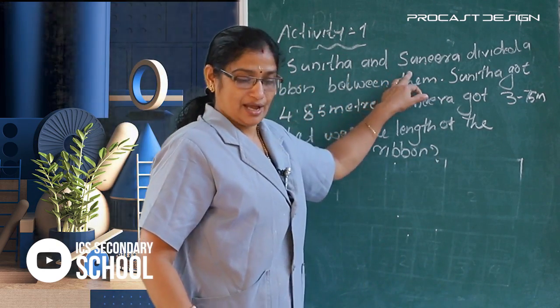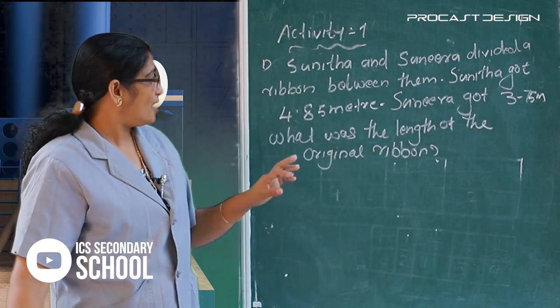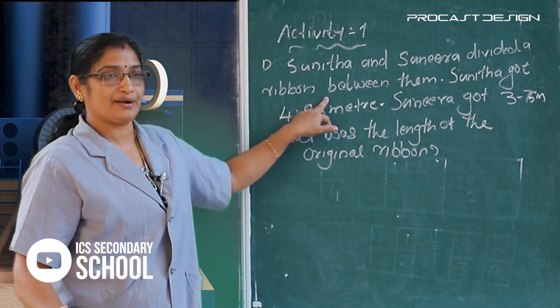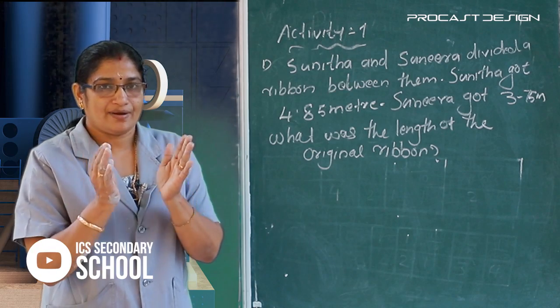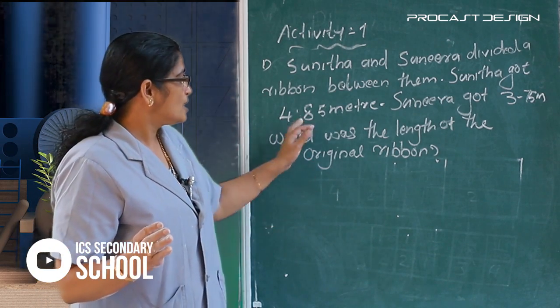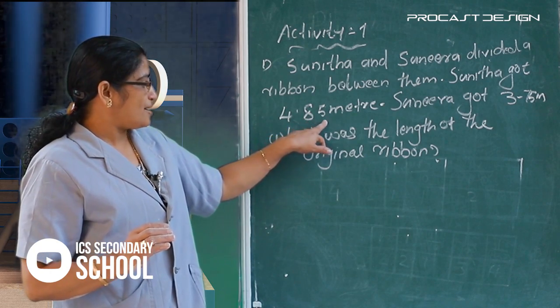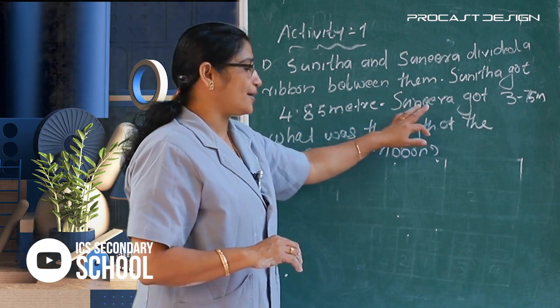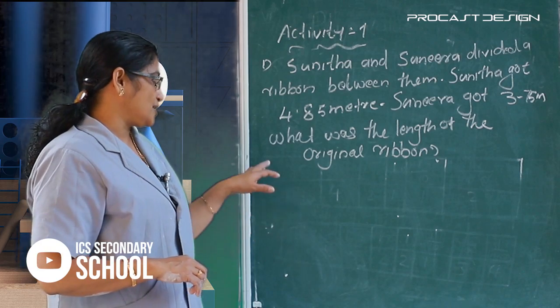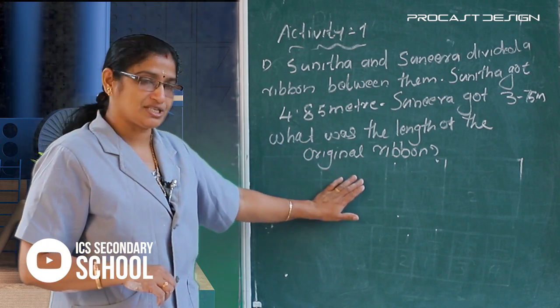Sunitha and Sunira divided a ribbon between them. Sunitha got 4.85 meter. Sunira got 3.75 meter. What is the length of the original ribbon?